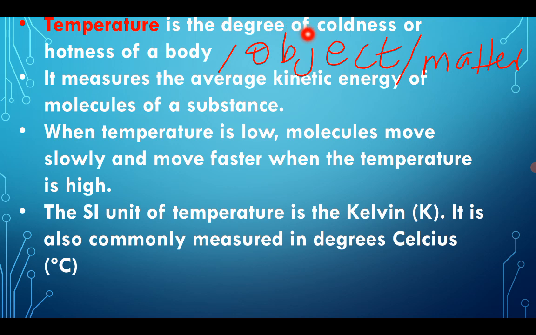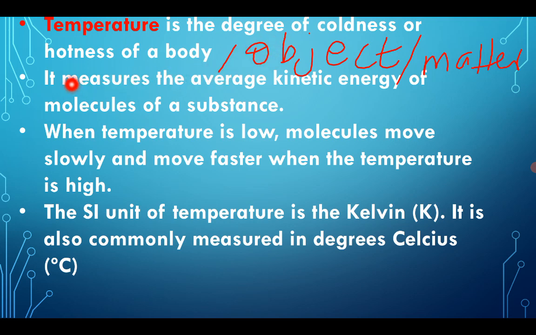Remember that you cannot judge the hotness or the coldness of a body or an object or any substance by simply using your sense of touch. In physics, you have to quantify the coldness and the hotness using an instrument called a thermometer.